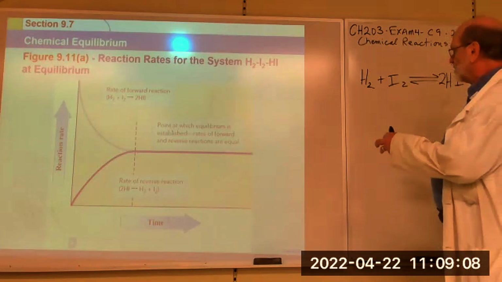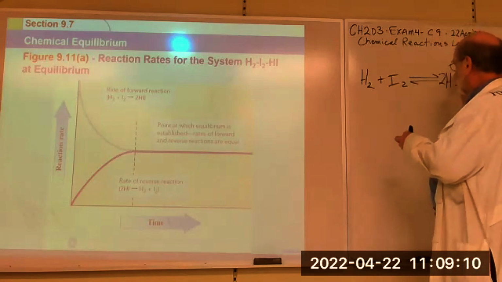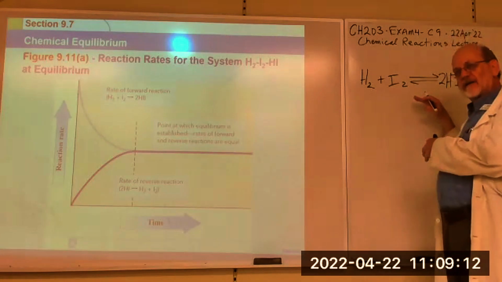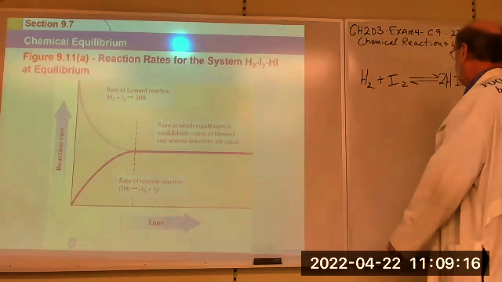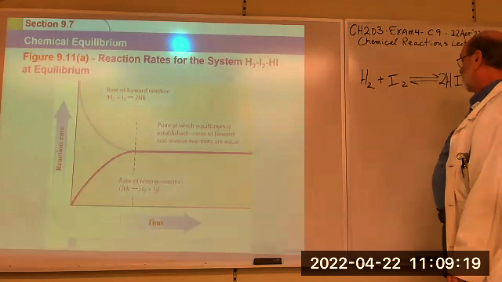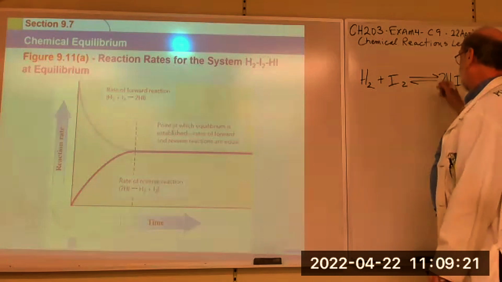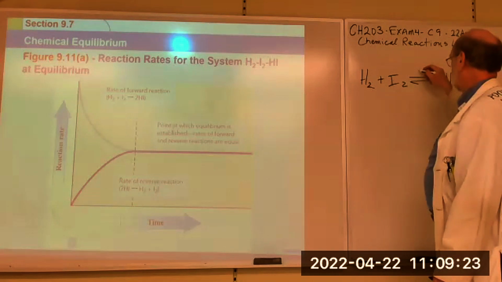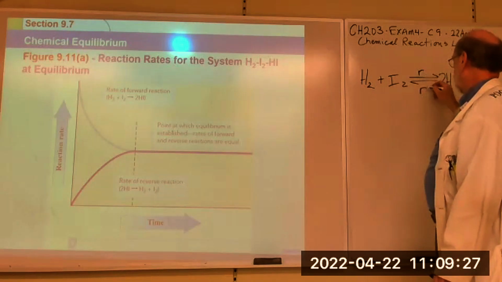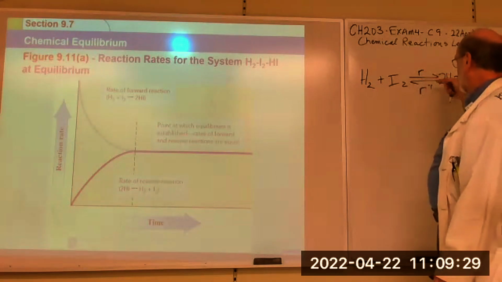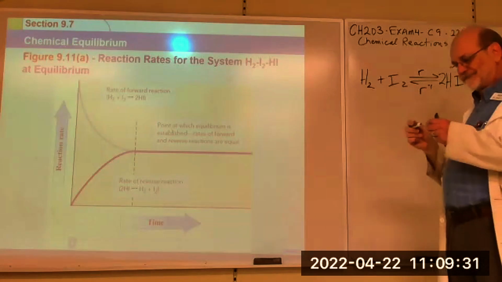And at the point where the forward reaction rate equals the reverse reaction rate, you have equilibrium. Sometimes we do, let's see, if we have an R here and an R to the -1, this is the forward rate and that's the reverse rate.